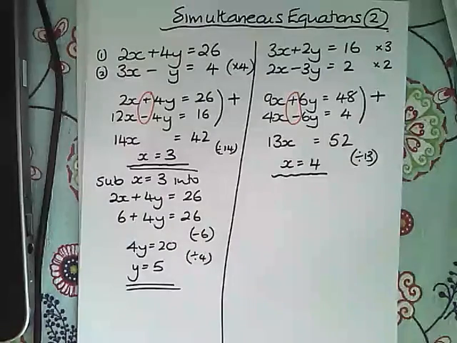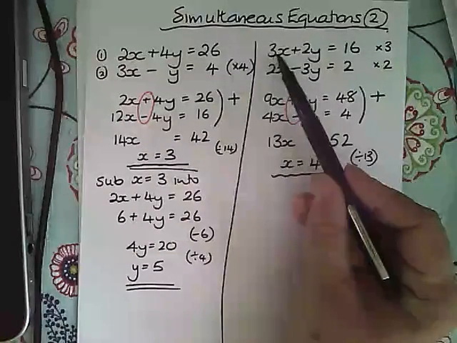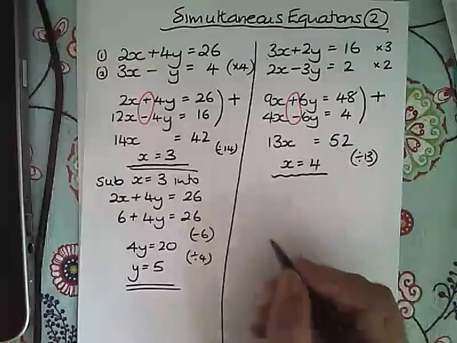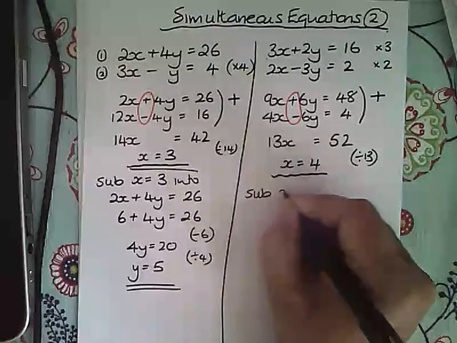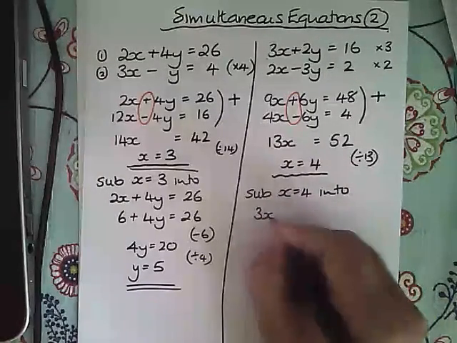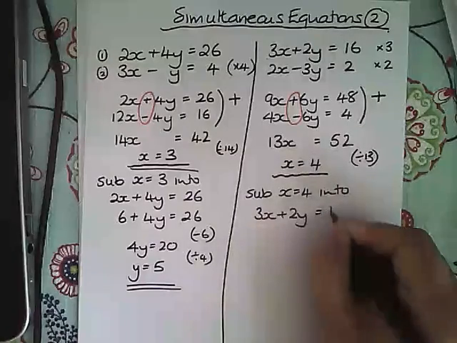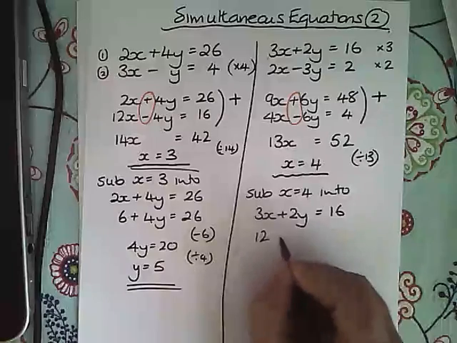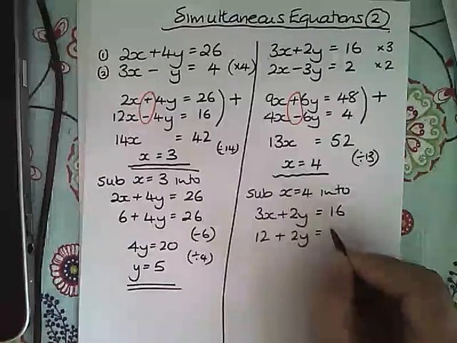And then, just as I did with this one, you need to substitute that value of x equals 4 back into one of the original equations from the question. Again, I don't like the takeaway sign here because I'm solving for y, so I'm going to use one where everything is positive and we're adding. So sub x equals 4 into 3x plus 2y equals 16. x is 4. 3 times 4 is 12 plus 2y equals 16.